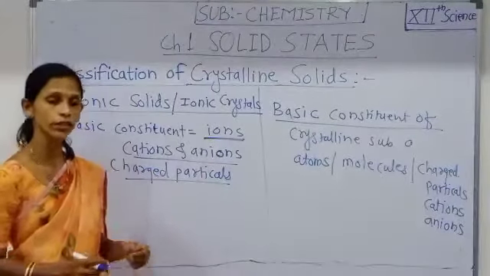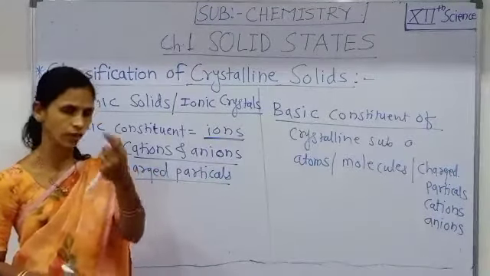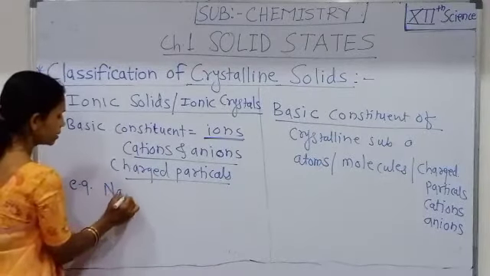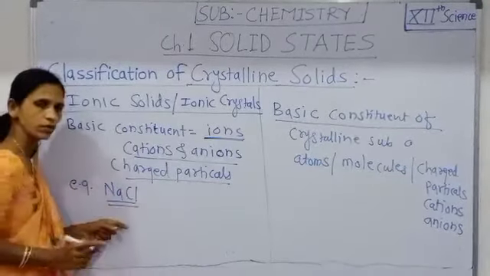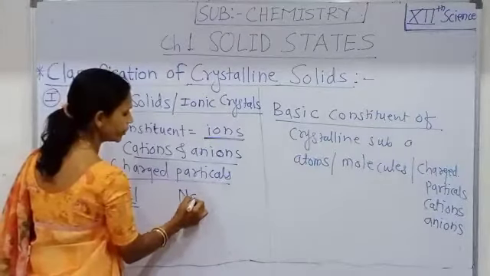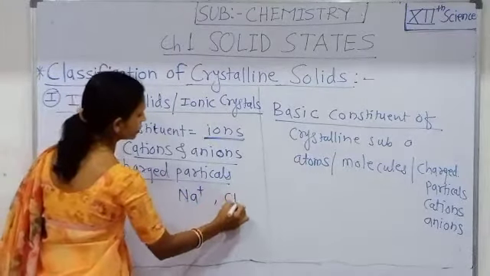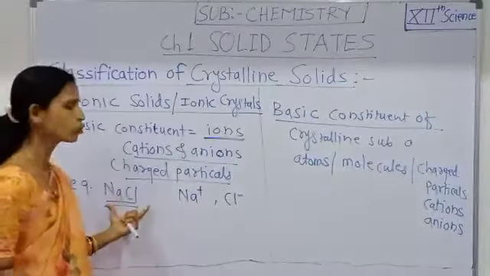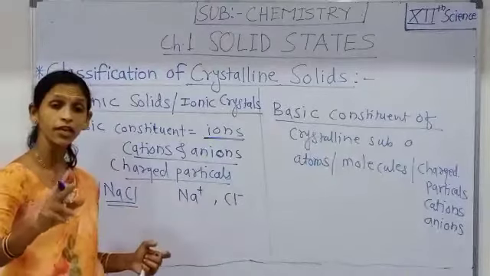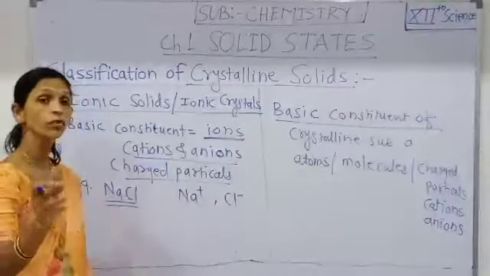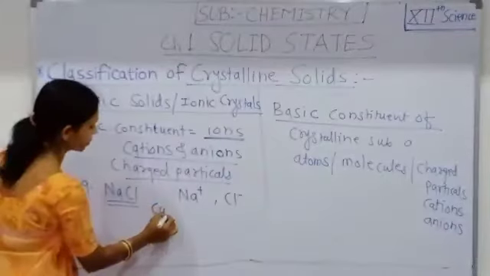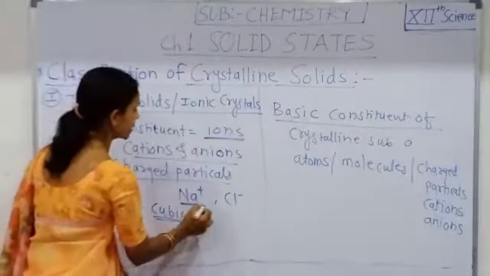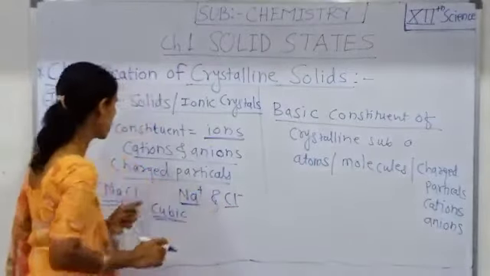All of you have studied cations and anions. For example, NaCl, that is common salt, whose basic constituents are Na+ and Cl-, present in the crystal lattice of NaCl, which is a cubic lattice structure in which both cations and anions are present.